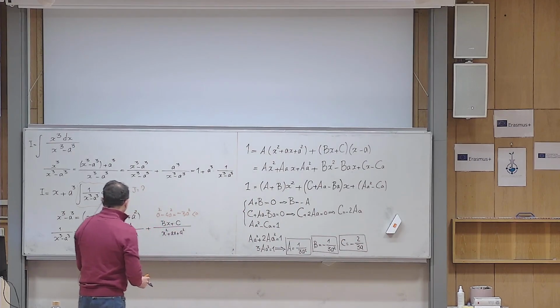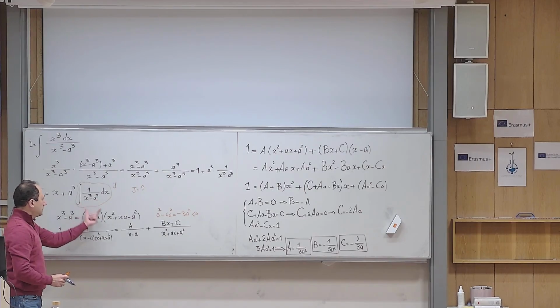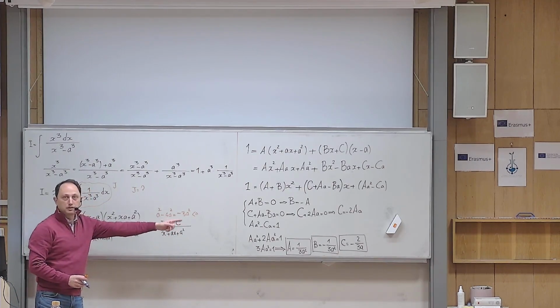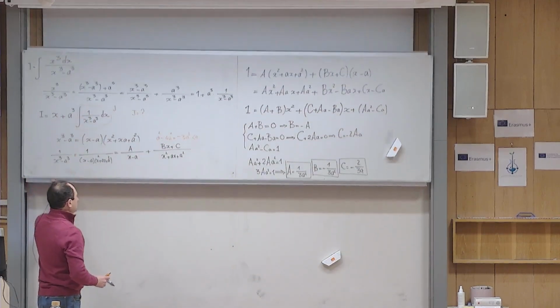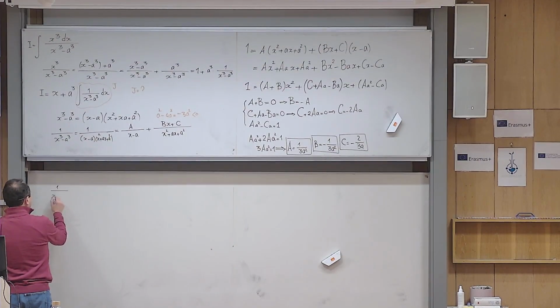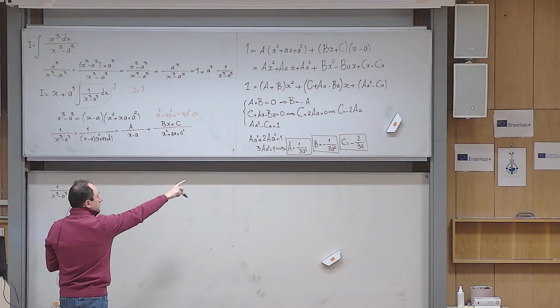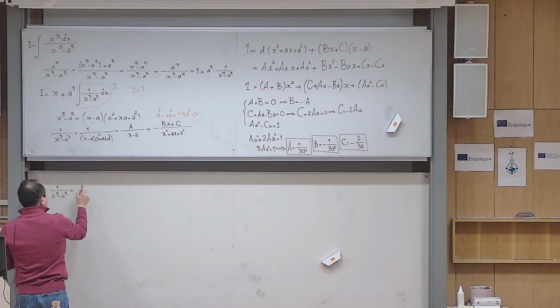So what does it mean? It means this expression that I am interested to integrate is equal to this plus that for those choices of capital A, capital B, capital C. So if you don't mind, let me write this here. So 1 over x to the third minus a to the third is equal to, instead of capital A, I put that expression. Instead of writing it in the numerator, I write it beside it.